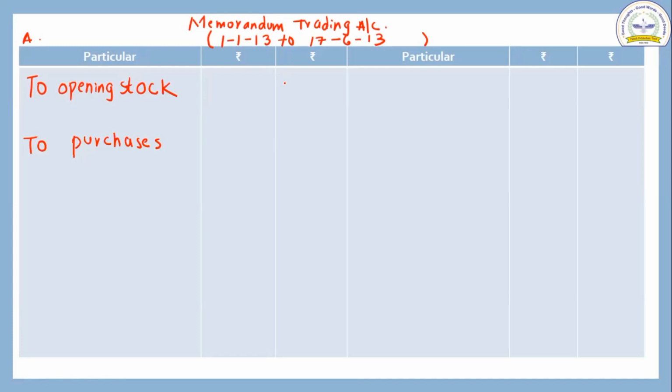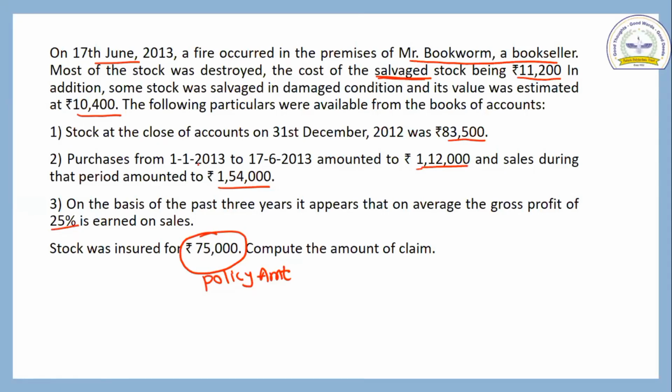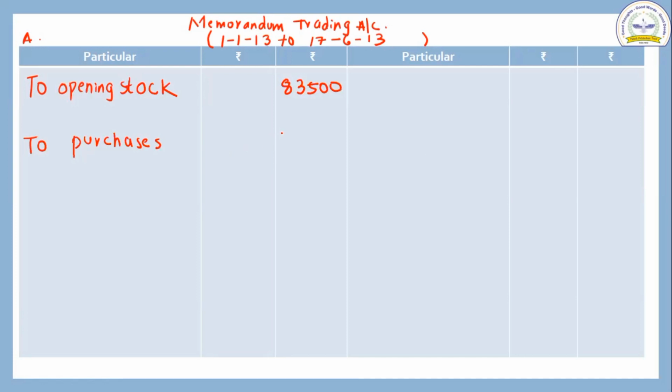So 83,500 we are going to write in the outer column because no adjustment is given here. Then the purchases amount is also given, students. Purchases from 1/1/2013 to 17th June 2013 amounted to rupees 1,12,000. So we are going to write purchases 1,12,000. I hope you are understanding this sum, students.